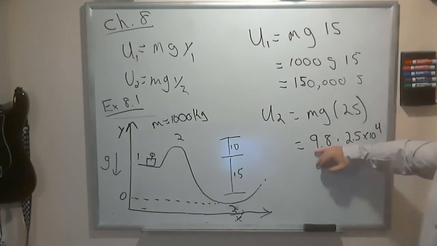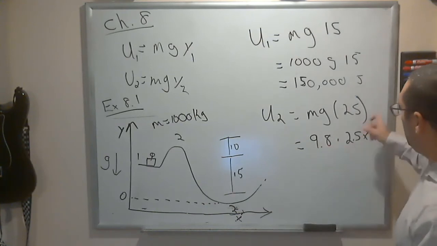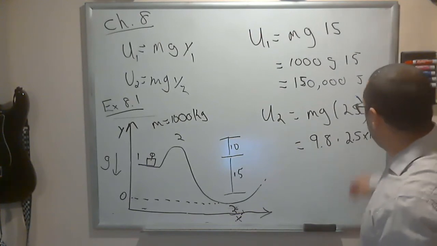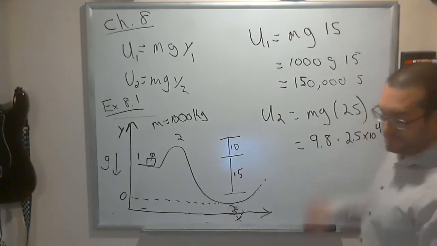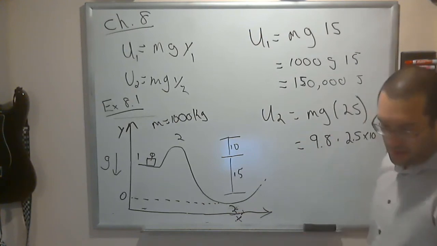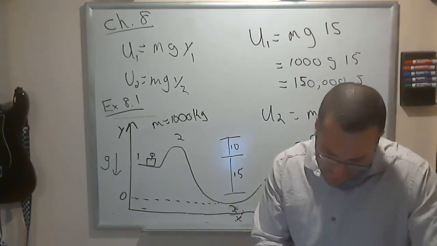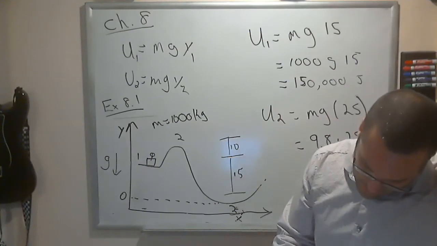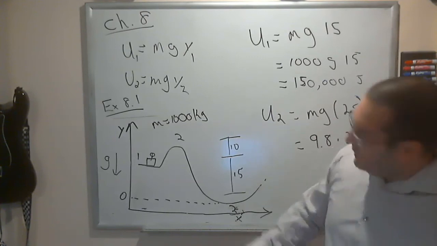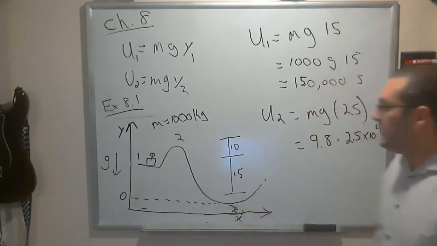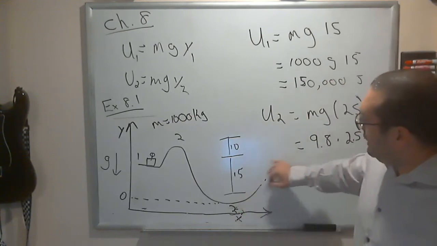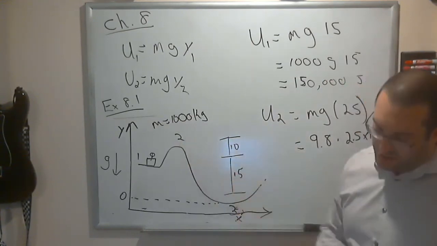If we round this up to 10, it would just be 2.5 times 10 to the 5th, 250,000 joules. And that's how we deal with this. Then we'll relate this to the kinetic energy in just a minute.